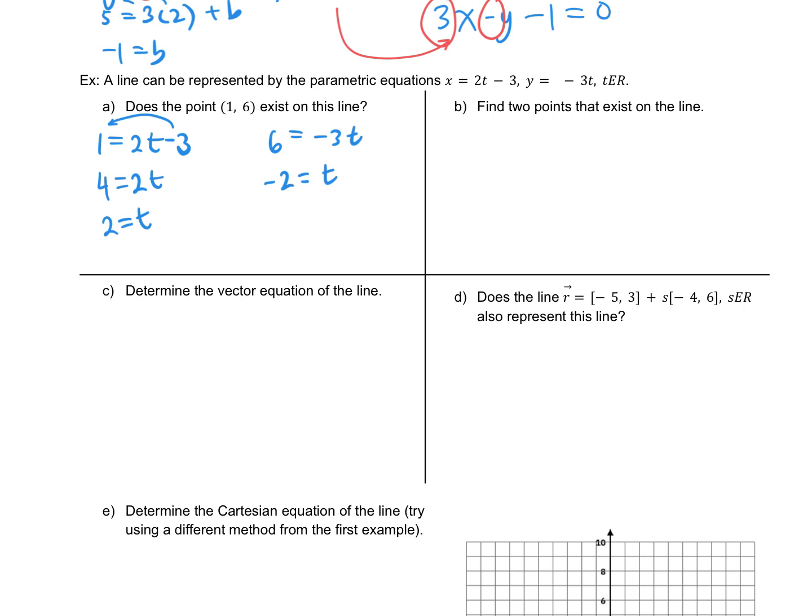So if our parameter is 2, the x-coordinate is 1, but to get 6 for the y-coordinate, the parameter would have to be -2. So this is not on the line. In order for it to be on the line, if I plug in a certain t value, I will get a specific point on the line. But here, the t's are different.